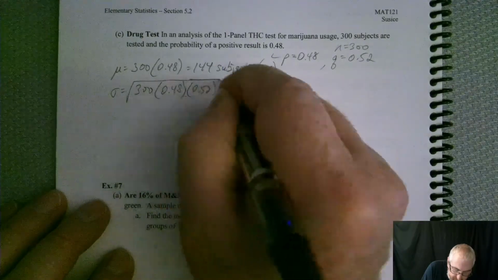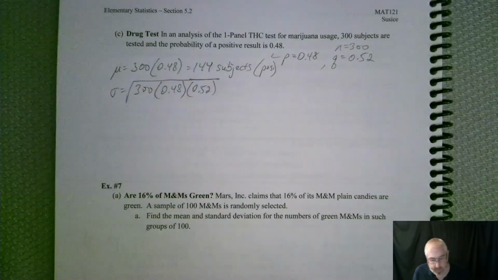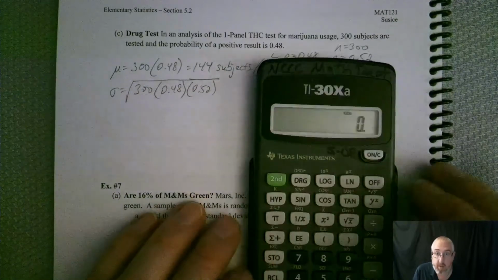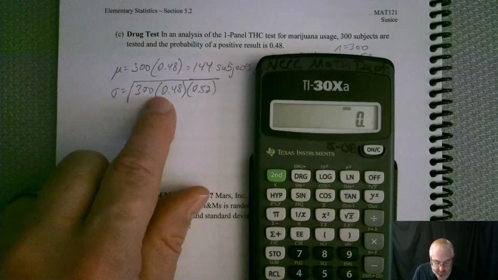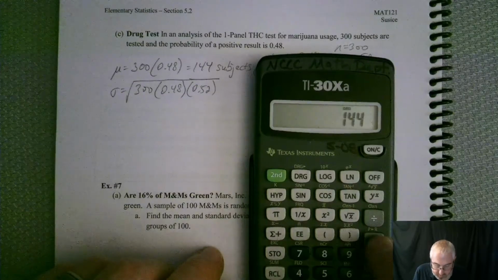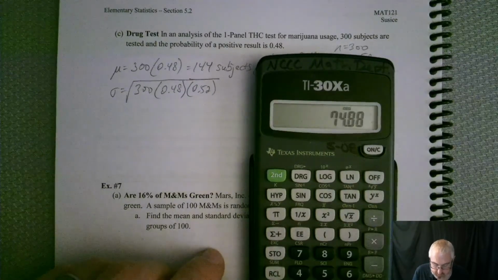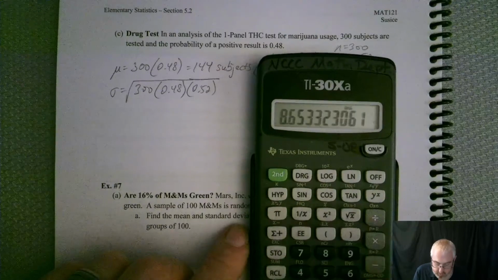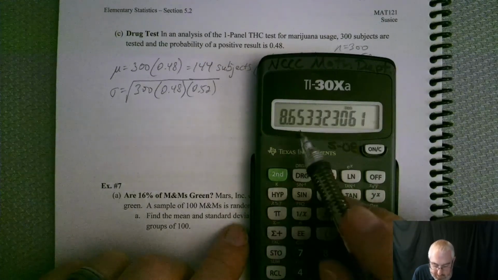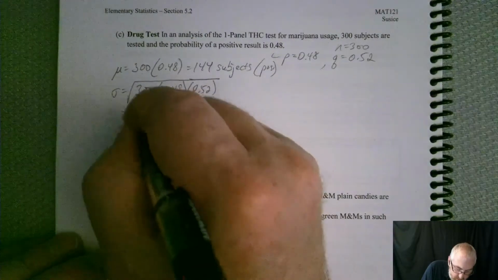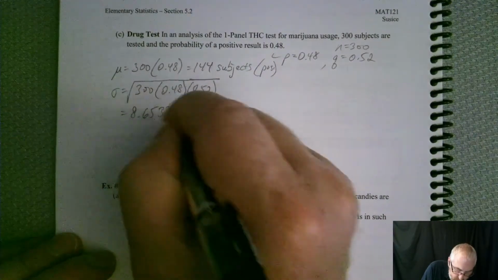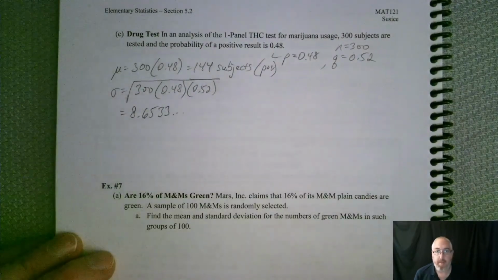So we get our N, our P, and our Q, and let's just do that on the calculator. So we already know what N times P is, so 144 times 0.52 equals that, and then we need to square root it. So 8.6533, and it keeps going.